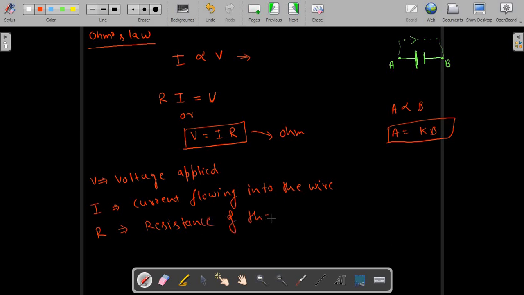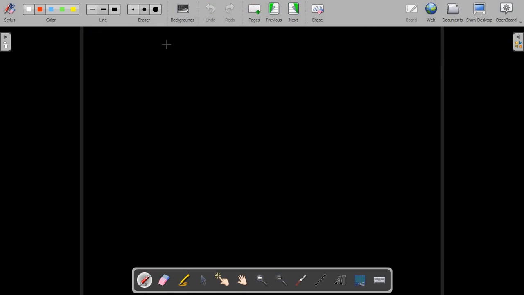This relationship V is equal to IR is said to be Ohm's law.